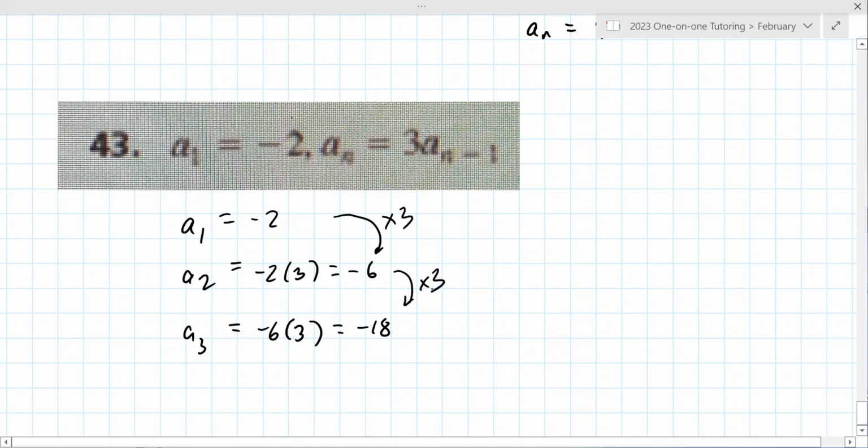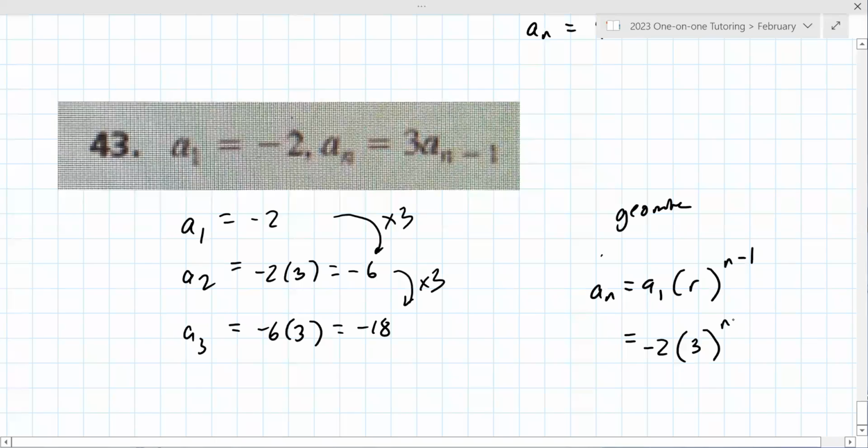Now, I guess you've already learned geometric, so I can show you that formula here. The geometric formula is A1 times r to the n minus 1 power. Your A1 is -2. Your r is that multiplication, and then n minus 1 is the exponent.